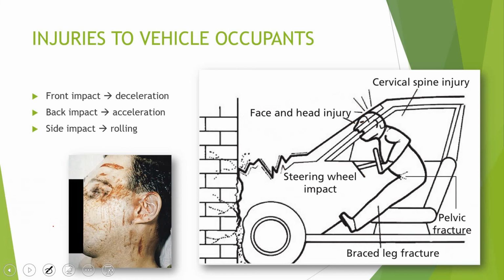That's all about the injuries to vehicle occupants, and there are some other topics mentioned in some of the reference books, like the risk factors for injuries and for road traffic accidents, and the preventive measures for road traffic accidents. I think you can all go through that on your own, as these topics are not much related to medical legal studies. These concern community medicine more.